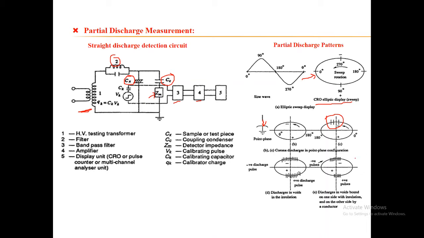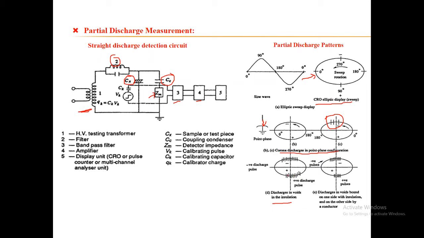So the typical discharge pattern in cavities can be shown stepwise. Initially there is no discharge; with successive increase in the potential, some amount of discharge can be observed. Figures B and C normally represent corona discharges in a point plane configuration, whereas D represents discharge in a void, if the insulation contains voids internal to it.